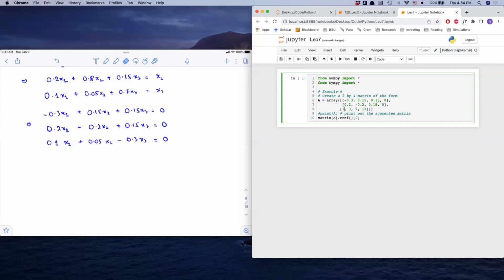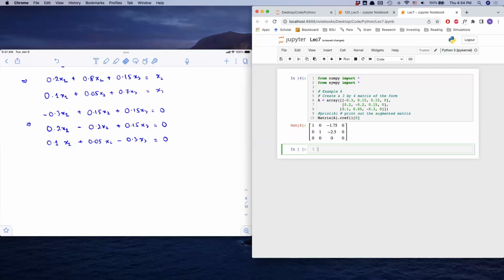And the third row is 0.1, 0.05, negative 0.3, and 0 as well. Everything remains the same. The only thing that I change is the augmented matrix, or the entries in the augmented matrix. Now I hit Shift Enter, and it gives you the reduced row echelon form of the matrix.